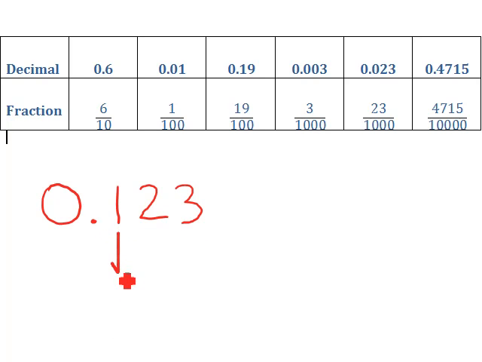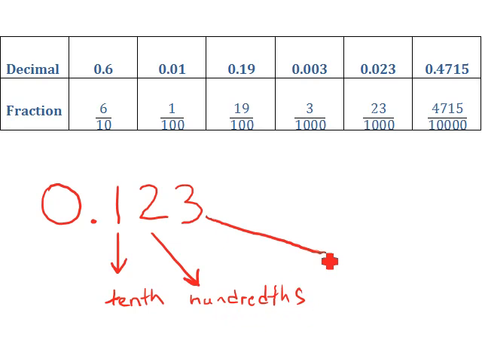0.123. Now you need to understand that this is tenths. So here we have tenths, and then here we have hundredths, and then when you get to the third place after the decimal, then you're talking thousandths. So this can be read as 0, and the decimal point is read as "and," 1/10, 2/100ths, 3/1,000ths.